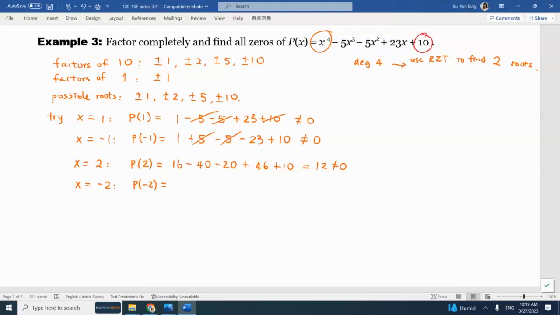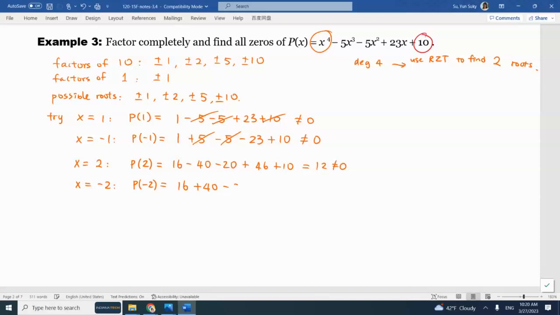Okay? Haley! What's negative 2 to the 4th? Negative or positive 16? To the 4th. Positive, yes. And then negative 2 to the 3rd? Yes, negative 8. And negative 8 times negative 5? Positive 40. Good. Negative 2 squared. 4. 4 times negative 5.